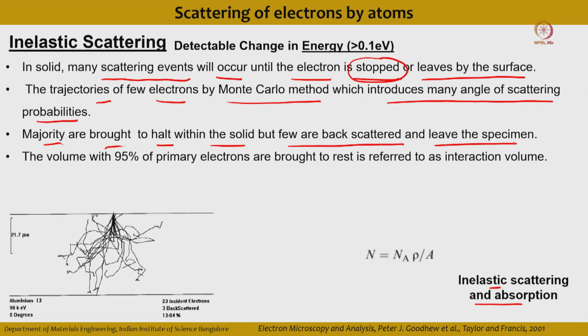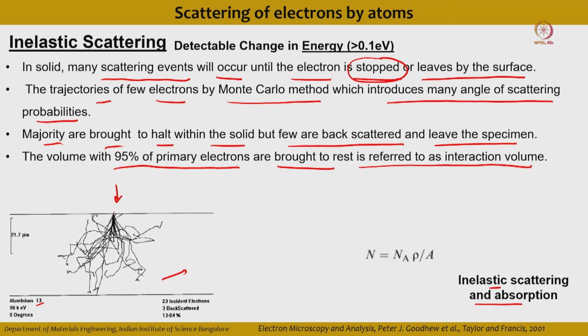The volume within which 95% of primary electrons are brought to rest, meaning they are absorbed into the sample, is referred to as the interaction volume. You can see here the Monte Carlo simulation of an electron beam interacting with aluminum.